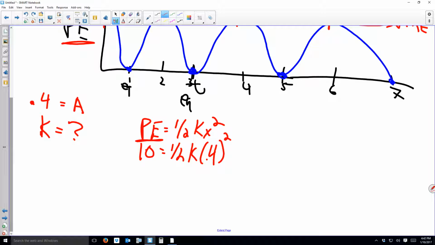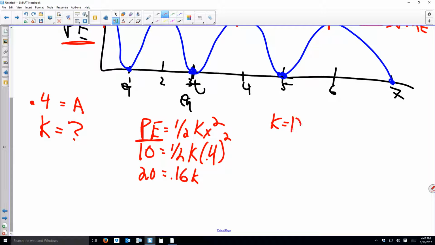So then I have 10 equals 1/2 k times 0.4 squared. So I get 20 equals 0.16 k. Divide that, 20 over 0.16, and I get 125 newtons per meter. So you can get our spring constant from this.